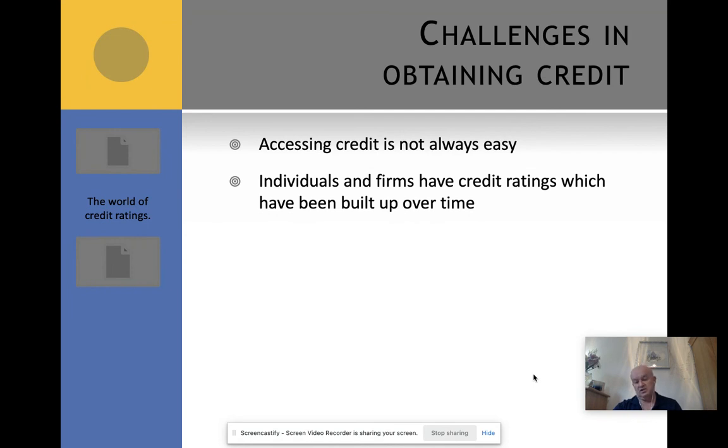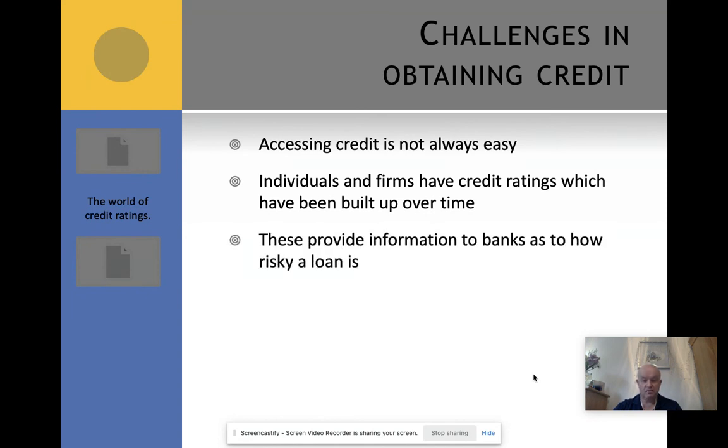Now, each individual has the opportunity to do that, and you've probably seen things like ClearScore and Experian advertised on TV, which provide you with a means of checking what your credit rating is looking like, and ways in which you can improve that over time.